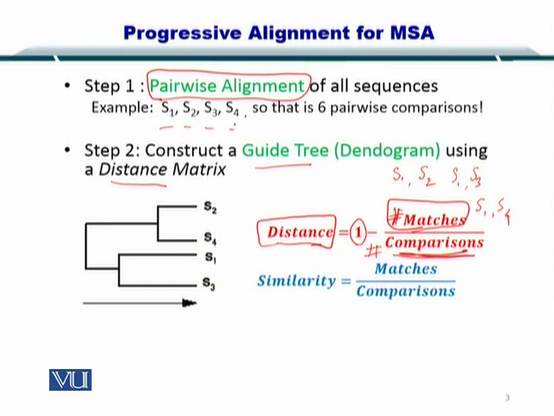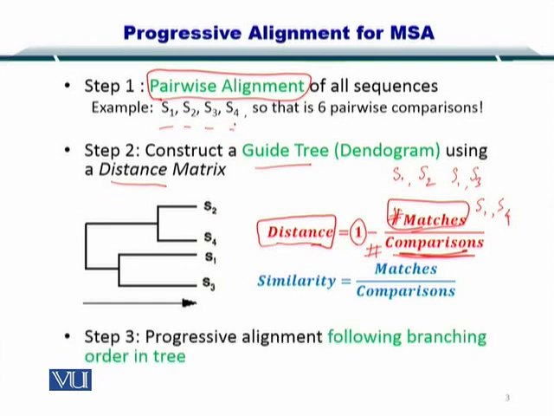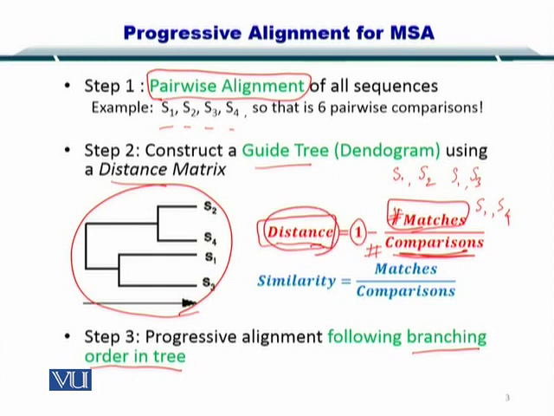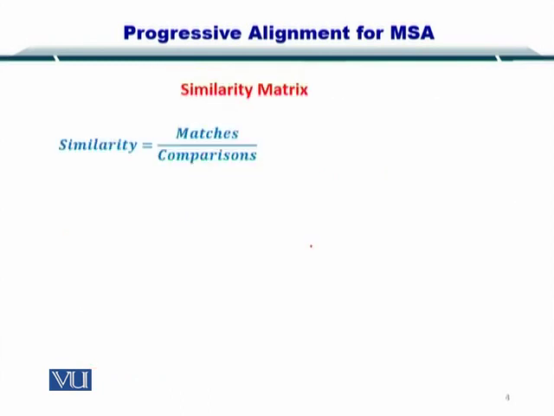So now you have computed the distance, and now you want to move to the third step. That is, you need to create a branching order like this in order to represent the distances. So as I just mentioned, that similarity is equal to matches over comparison.